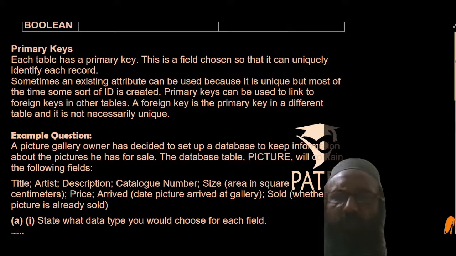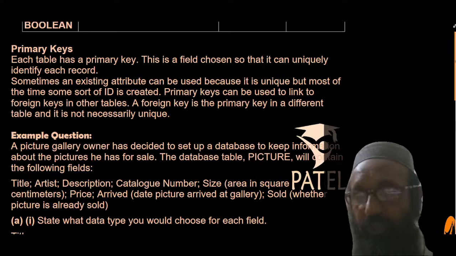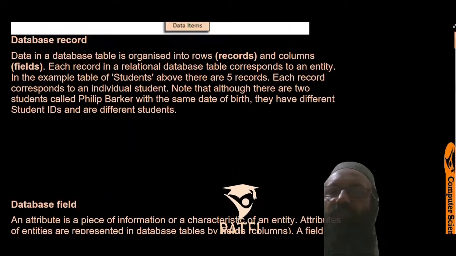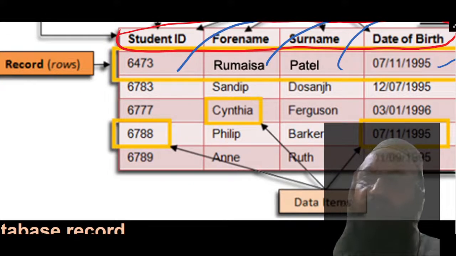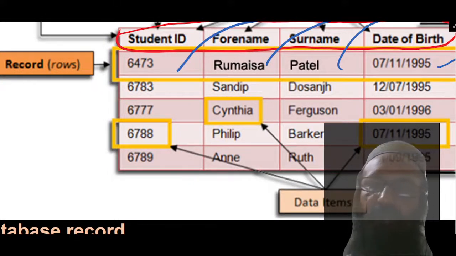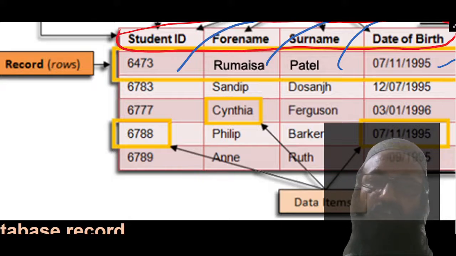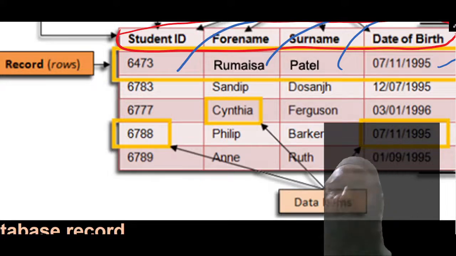Then we have a concept of primary key. Primary key is basically a field that contains unique data items. For example, here in this database, student ID is primary key. Two students cannot have same name, same ID. It is possible that in a school, in a class, there are two students with the same name or same date of birth or same surname, but it is not possible that two students have same student ID.